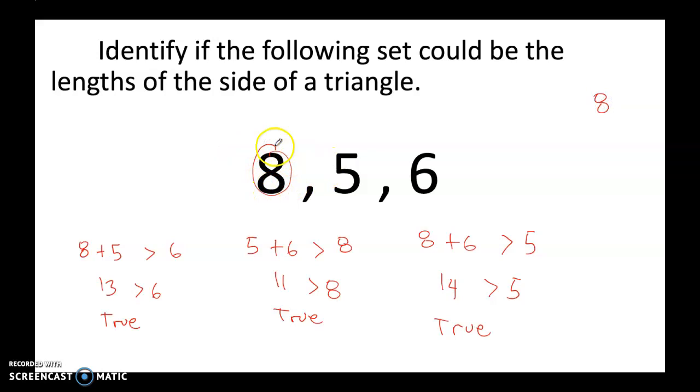Now, if the sum of the two others, which is 5 and 6, is greater than the longest side, it always forms a triangle. So 5 plus 6 is 11, greater than 8. So we just need one true statement in order for us to form a triangle.